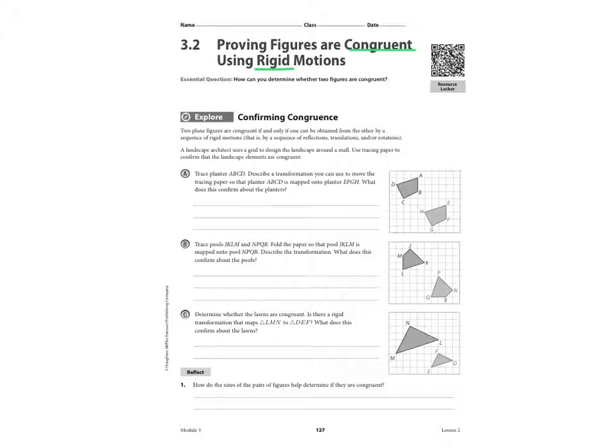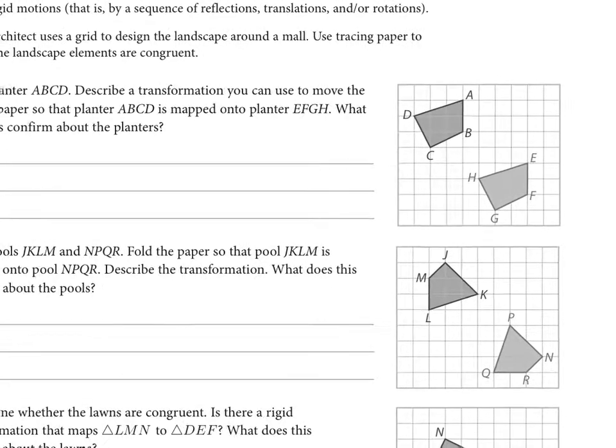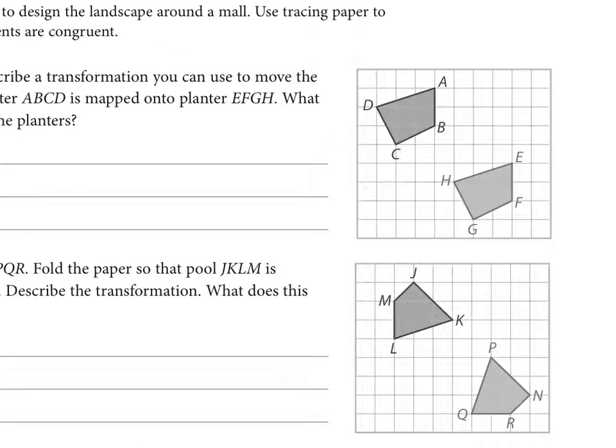And it's just saying that if I look at this, I can see that A, B, C, D is the same size and it looks like it was moved with a translation. And it looks like A goes to E, so 1, 2, 3, 4.